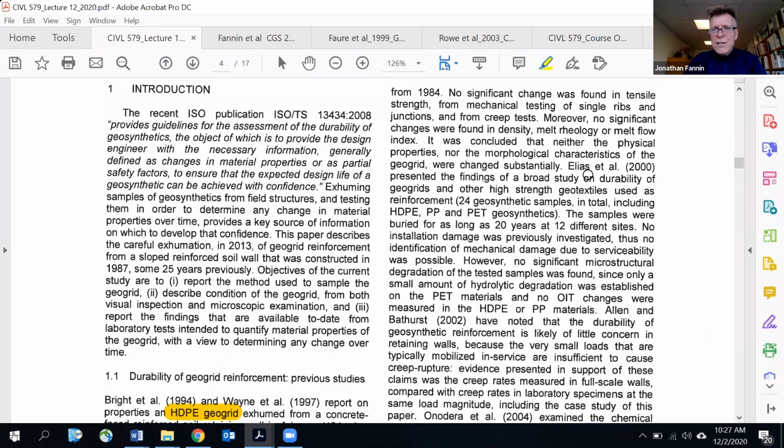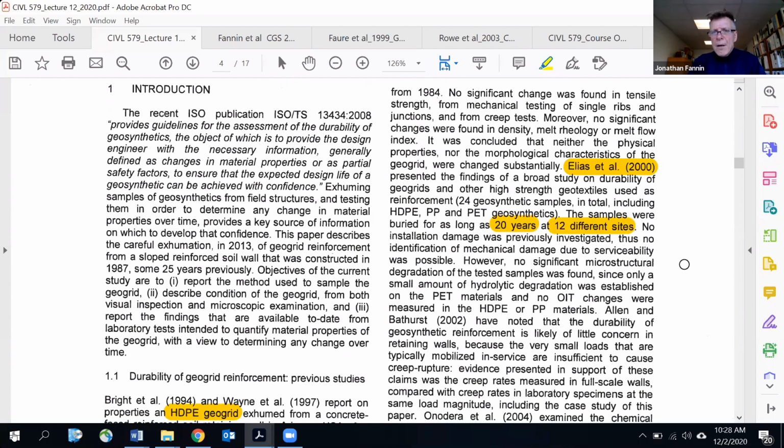Let me draw your attention, for example, to this, if I remember correctly, US federal highway study by Victor Elias and co-authors, and they did a broad brush study. I hope that doesn't do injustice to it. But they went to a number of sites and gathered data at 12 different sites. And those 12 different sites were largely from transportation, highways applications, burial periods of up to 20 years or so.